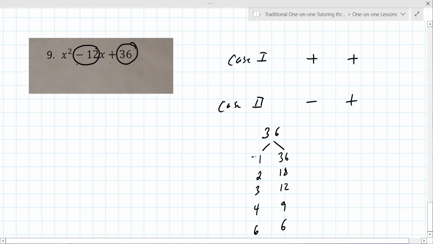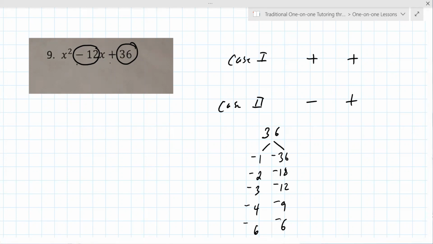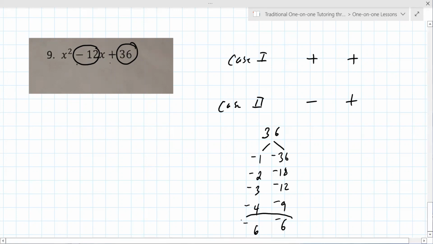But if we make them all negative, because we're supposed to in case 2, they still don't add, right? Wait, look. It's the -6 and -6.